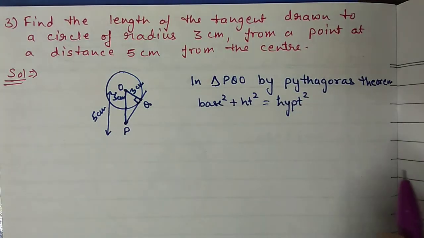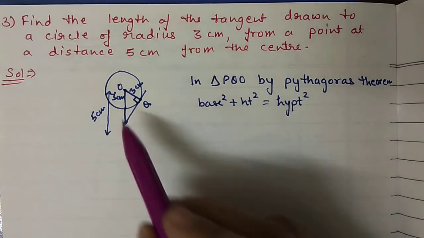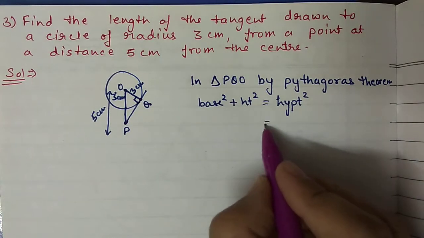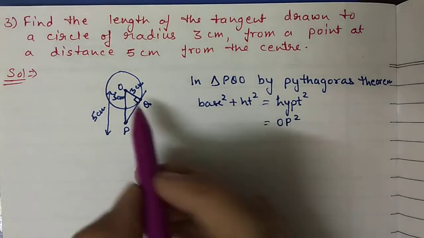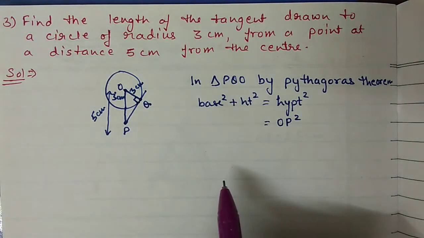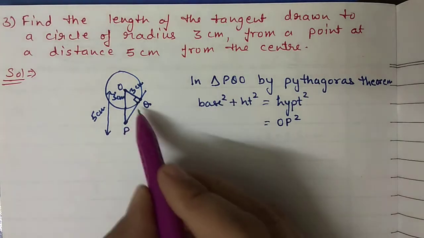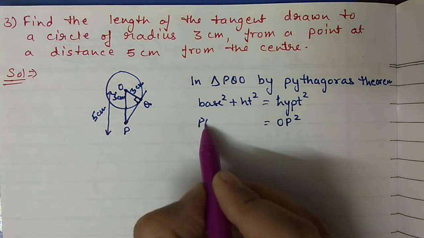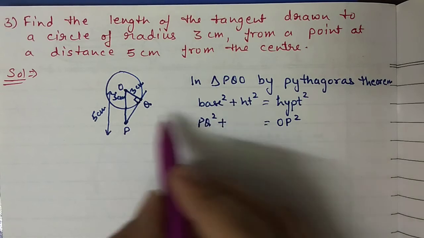Hypotenuse means the side opposite to 90 degree. So this OP will be the hypotenuse. And from these two sides, any one you can take as base and another one as height. So suppose base I am taking as PQ square, and height I am taking as OQ.